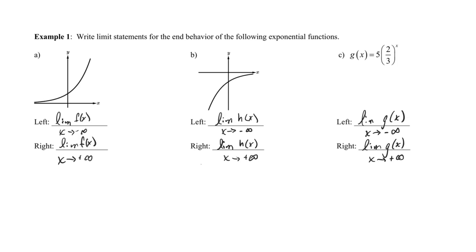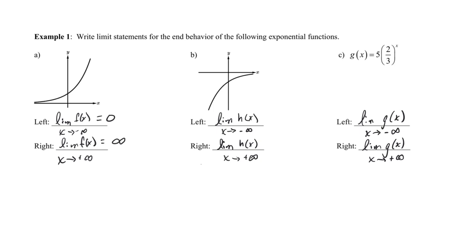So on a here, we'll call that f of x. As I am going towards negative infinity, what's going on with my end behavior? Well, I'm flattening out, meaning horizontal asymptote, and I'm flattening out at 0. As I go to positive infinity, my value of y is going up to positive infinity.